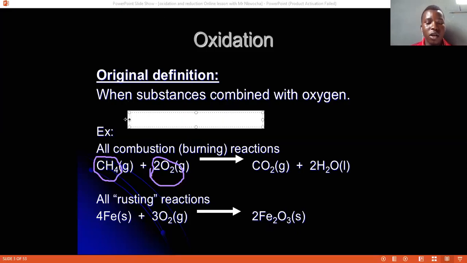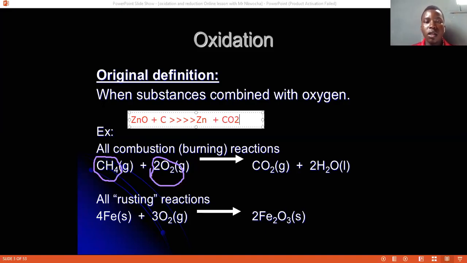Let's say, for example, zinc oxide combining with carbon will give us zinc plus CO2.